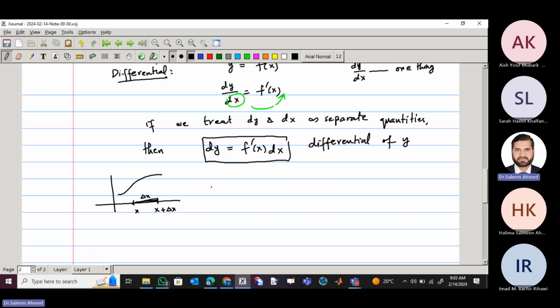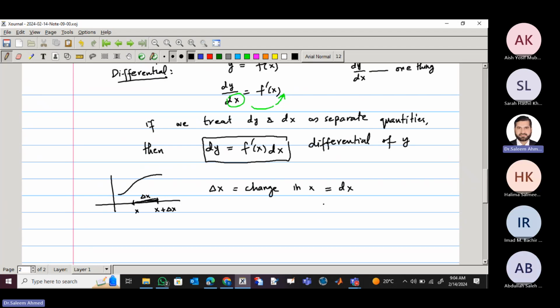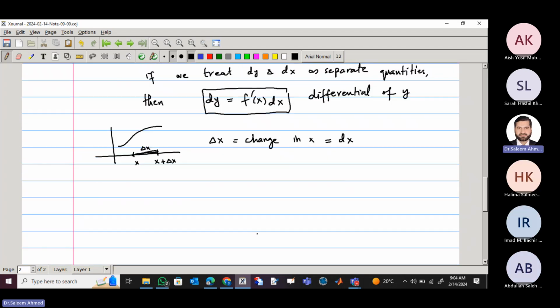So this delta x is basically change in x, which is the same as dx as well, differential of x. So for independent variable, x is independent variable, change in x and differential in x, they are the same.